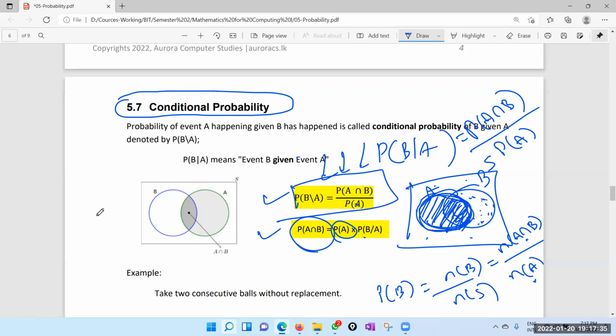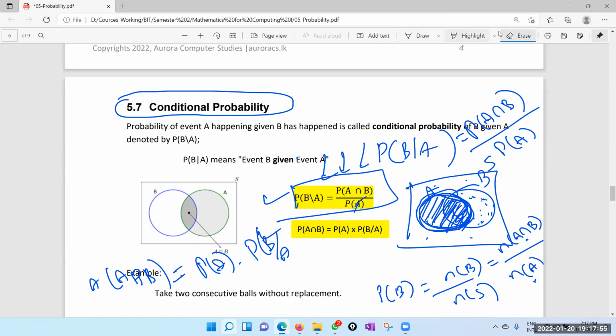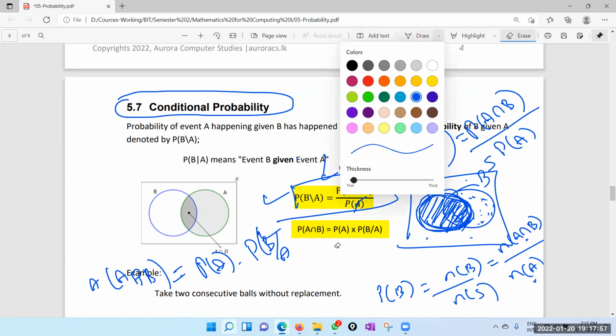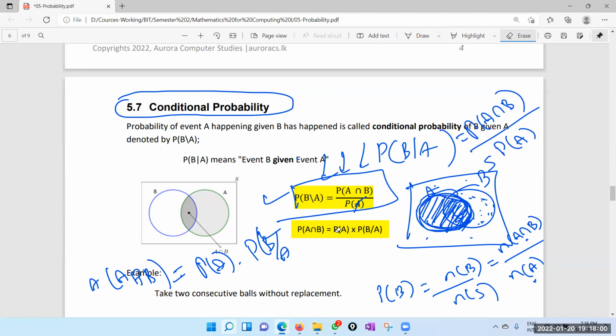So the probability of A and B happening is the probability of A happening into the probability of B given A happening. So this is also now multiplication, and that is why we like this format. If someone asks what is the probability of A and B happening, it is the probability of A happening into the probability of B given A happening.